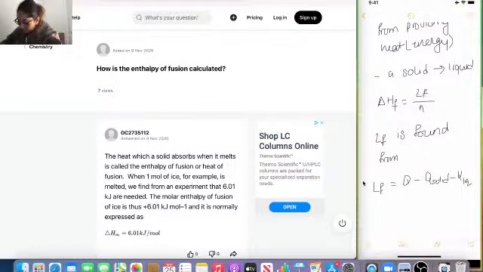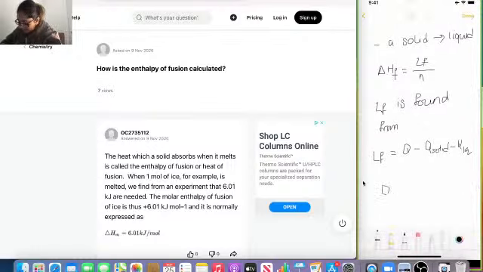Where Q is delta Q, so this whole thing here is delta Q, and this is delta Q, and this would be the result. And delta Q is C, your specific heat capacity, times M times the change in temperature.